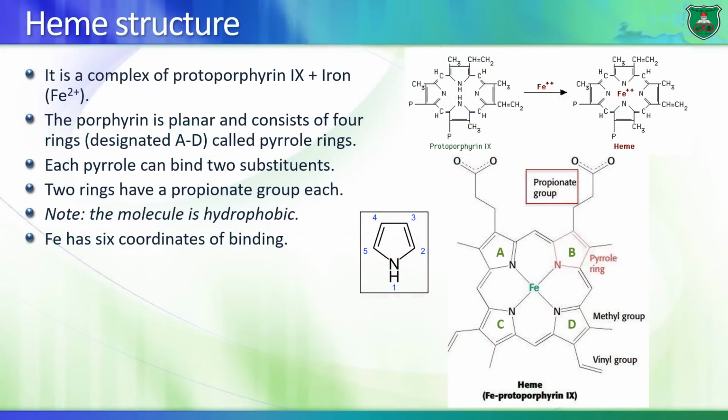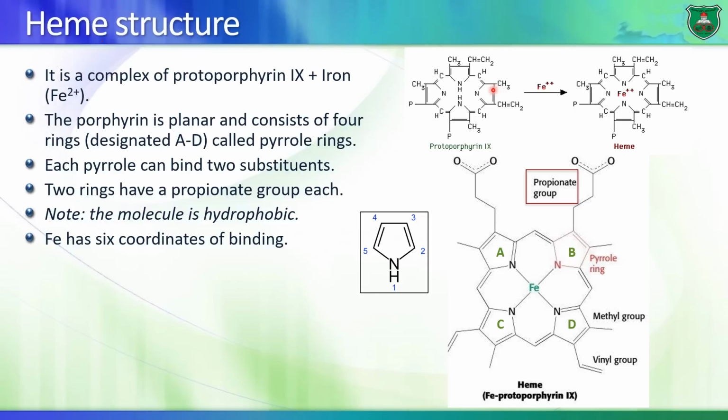So what is heme? Heme is an organic molecule. It's composed of 4 rings, designated as A, B, C, and D, and these rings are pyrrole rings. This is the structure of a pyrrole ring.